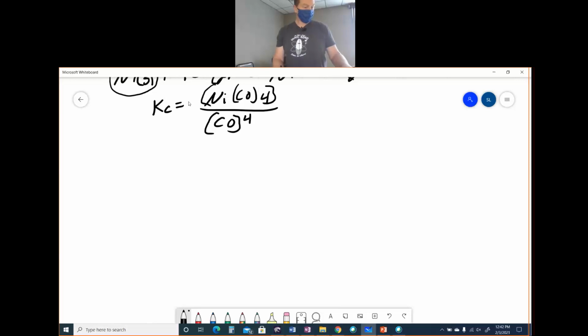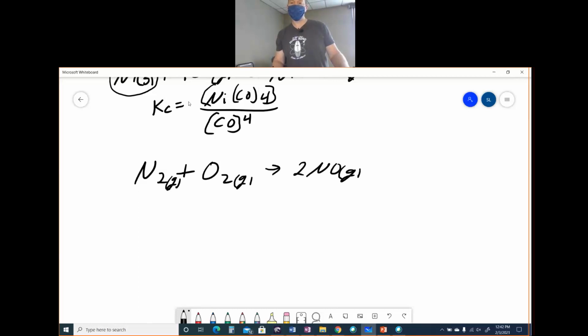All right, so let's do this problem, N2 plus O2. Nitrogen is a gas, oxygen is a gas, and that's going to form 2NO, which is also a gas. And this has a Kc value of 4.6 times 10 to the negative 8.